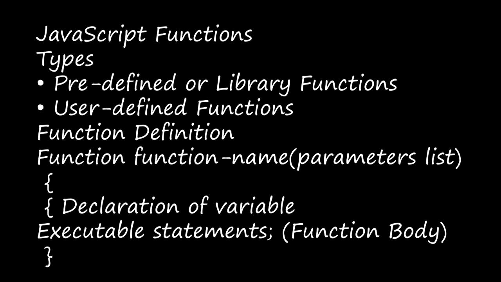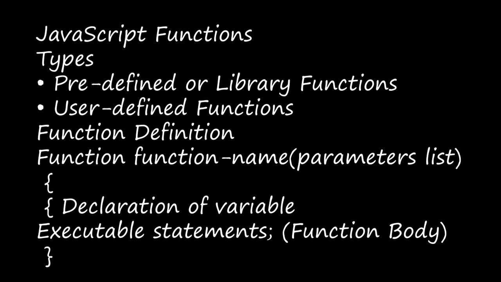Function name must be a valid identifier, right? That means it can be sum or add, like that it must be an identifier. Parameter list contains one or more valid variable names, and if you have more than one parameter, you have to separate each variable by using commas.